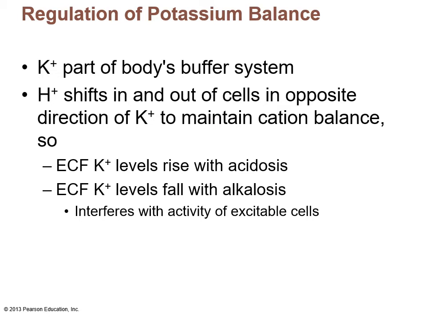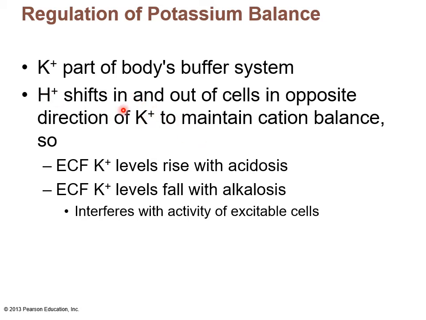So the regulation of potassium balance: potassium is part of the body's buffer system. And it's on an exchange system with sodium, and it's also on an exchange system with hydrogen ions. So if you have acidosis where the H ion level increases in the blood, the cells will try to offset this by bringing hydrogen into the cells in exchange for potassium, because potassium is normally found inside the cells.